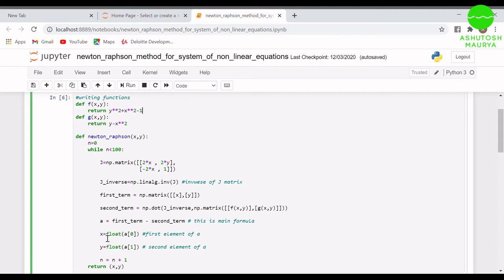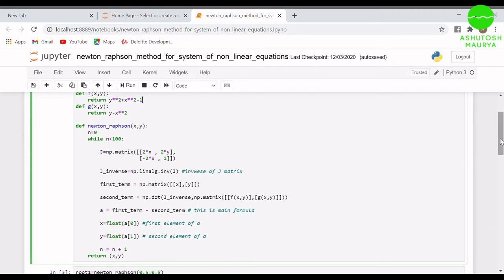What is x? A of 0. And y equals float of A1, meaning y i plus 1, and this is x i plus 1, and we will continue iterating until n is 100.